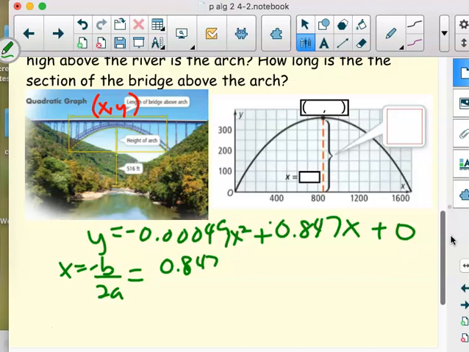And then on the bottom, we'll have a negative 2 times 0.000498. Negative 0.00498. I always have to make sure I get enough zeros on there. 1 in front, 1, 2, 3. Got it.